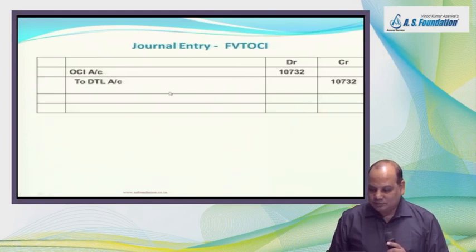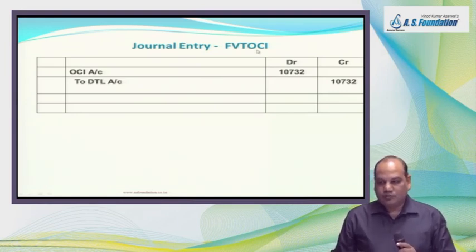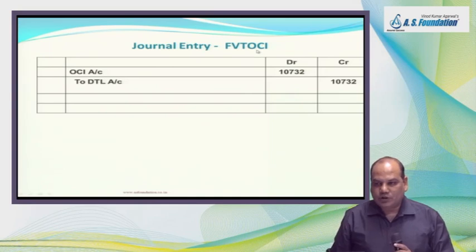Now write down case 2, FVTOCI. Entry will be OCI account debit to deferred tax liability.